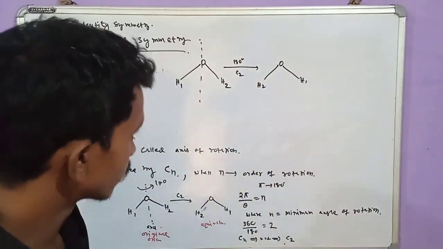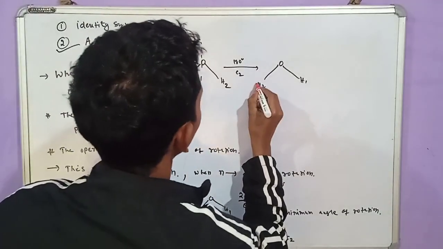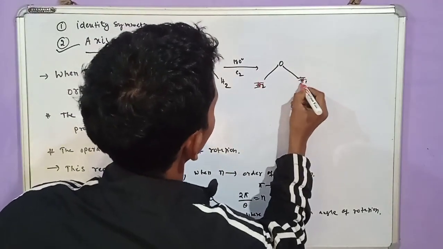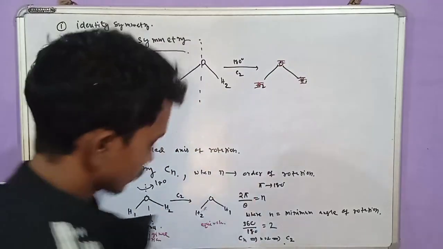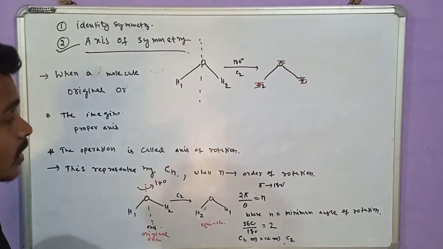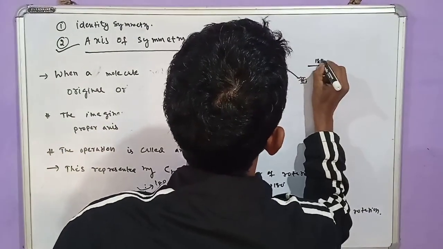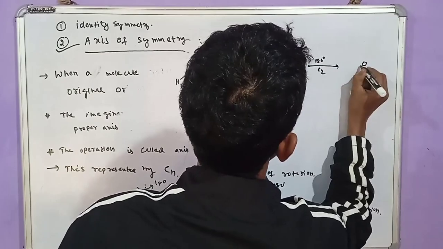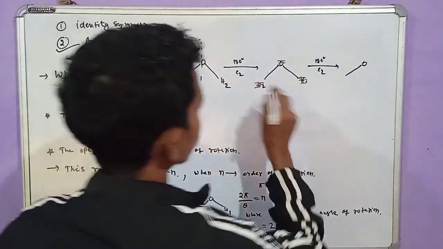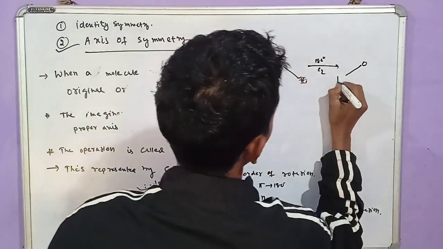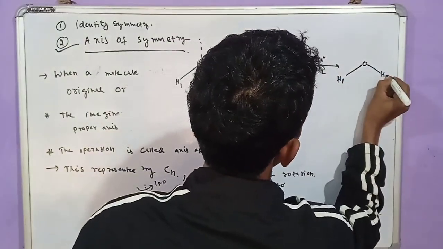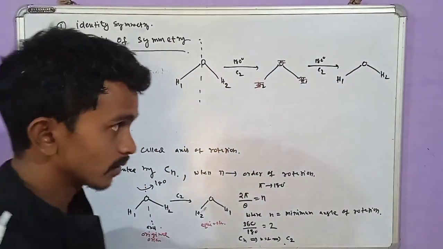Interchange also happened. After that, when I rotate again by 180 degrees, that is C2, it will again come as H1, H2, in the front.